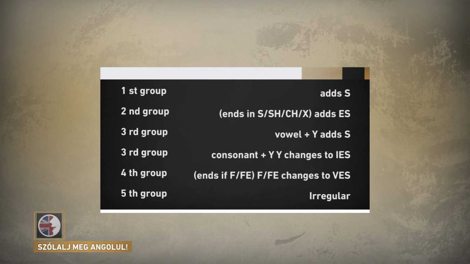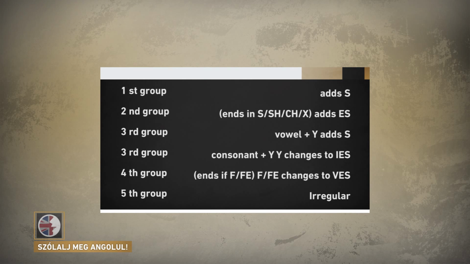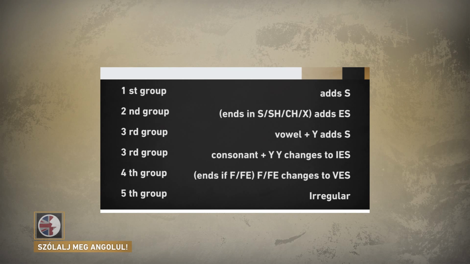Group 1. We change the noun from singular to plural by adding an S. Group 2. We change the noun ending in S or SH or CH or X from singular to plural by adding ES. Group 3.